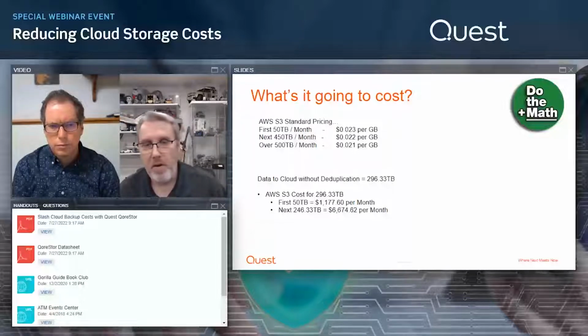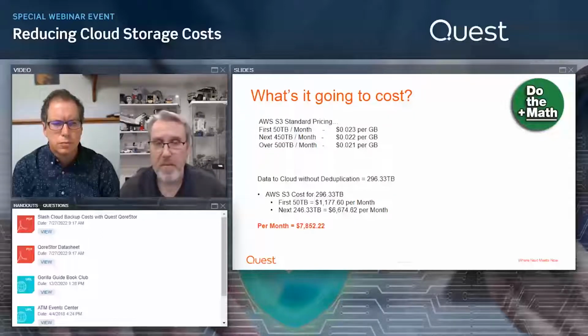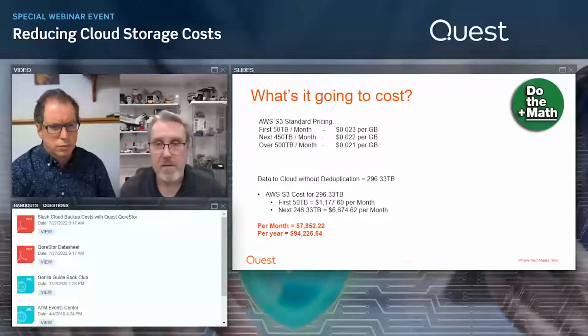And then the following amount of data going up, the next 246 out of our total, it's going to cost me another $6,600 a month, just over. So per month, if I just put 296 terabytes of data up there, every month I'm going to get a bill that's $7,852.22 every single month. Now, if I do that over a year, that works out at just over $94,000.